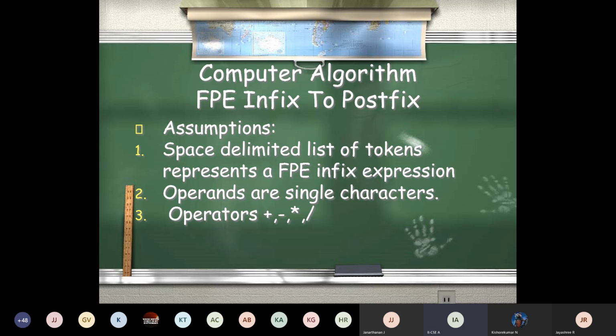So some assumptions we have made here. Just note down the last 2 points alone. The operands are single characters. That is, we took only variables like A, B, C, D, E. We didn't take larger expressions like sum, max, count.